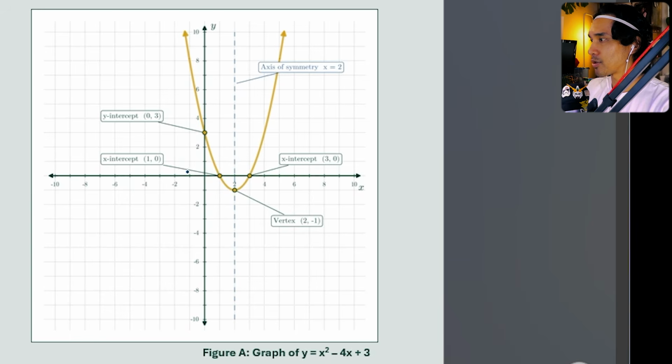We have x-intercepts at (1, 0) and (3, 0). We have a y-intercept of (0, 3), and then the axis of symmetry at x equaling 2. This was figure A. I don't think you really need to know the axis of symmetry, but just know that the axis of symmetry is the same as the vertex in this case, okay? And I'm talking about like they could fold in on each other.